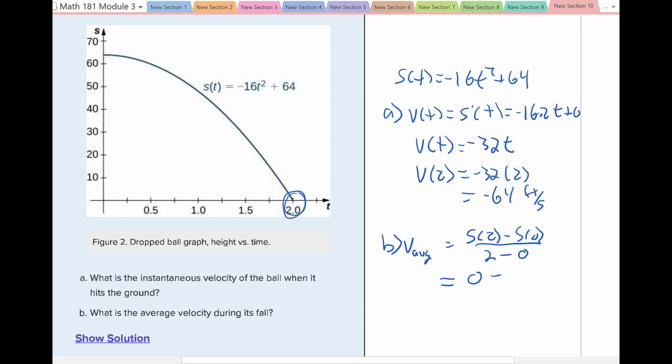The position at 0 seconds is 64 because that's where we begin, 64 feet above the ground, over 2 minus 0. That's going to be negative 64 over 2, which is negative 32, in feet per second. So that's pretty interesting: the instantaneous velocity is negative 64, but if you average it, it's negative 32. It's half. Pretty cool.